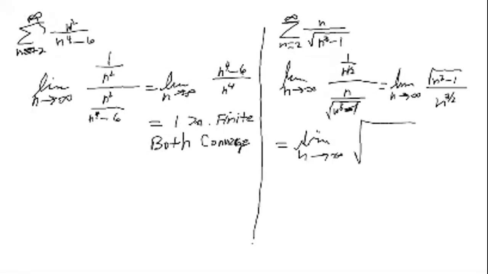Positive n, we can do that. So we'll have n cubed minus 1, and then you'll have that n cubed underneath there. Okay, now that equals this.